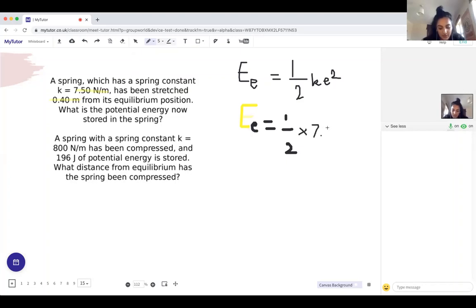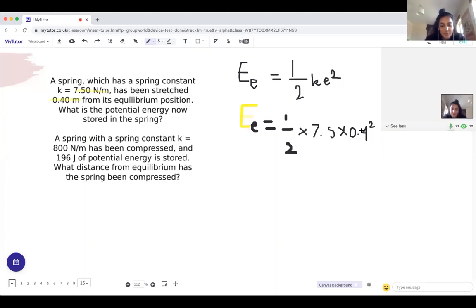So E would be 0.4, and we need to remember to square it. So 0.4 squared. So have a go at putting that into your calculators. We've done half times the spring constant times the extension squared. What would that give you?